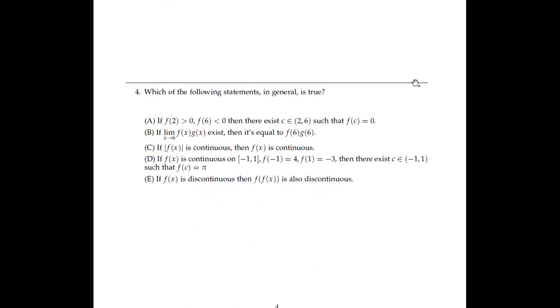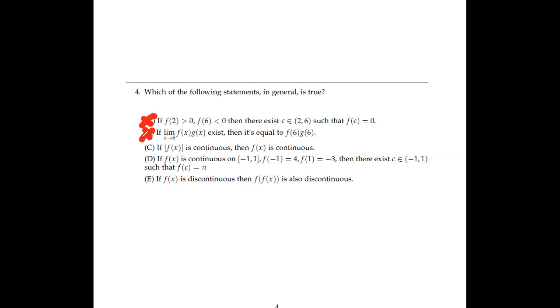The first statement is not true because we don't know whether function f is continuous or not. Continuity is not given, so we can't apply IVT. We can't say B is true either, since f times g could be not continuous. So drop B as well. f times g could be not continuous, so the limit existing is okay, but it could be different from f(6)g(6). It could be a removable discontinuity.